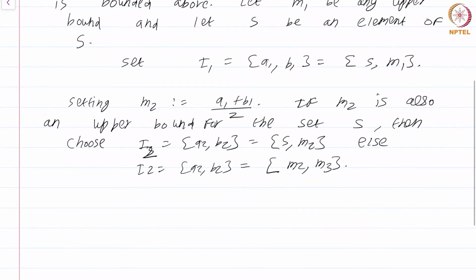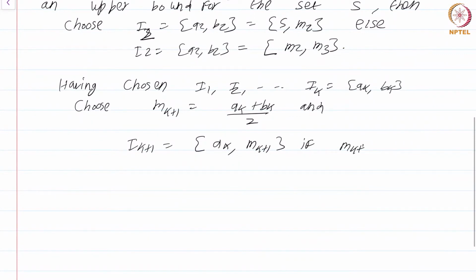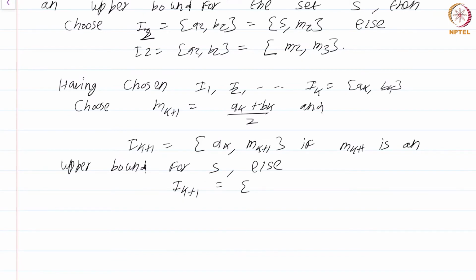Okay. Now, having chosen I1, I2, up to Ik to be [Ak, Bk], choose M(k+1) to be equal to (Ak + Bk)/2 and I(k+1) to be equal to [Ak, M(k+1)] if M(k+1) is an upper bound for S, else I(k+1) is equal to [M(k+1), Bk].